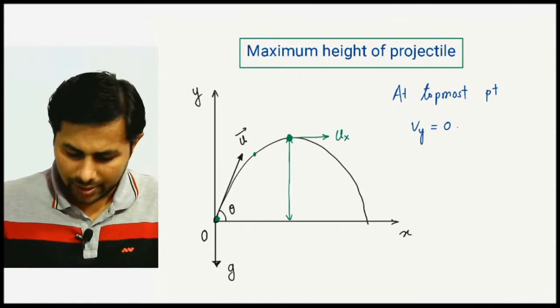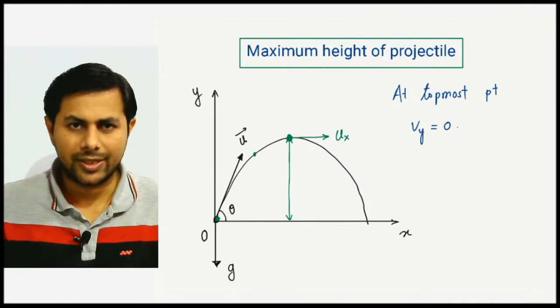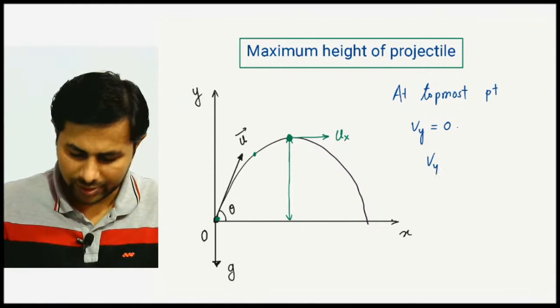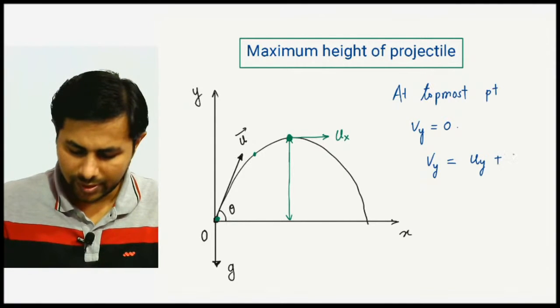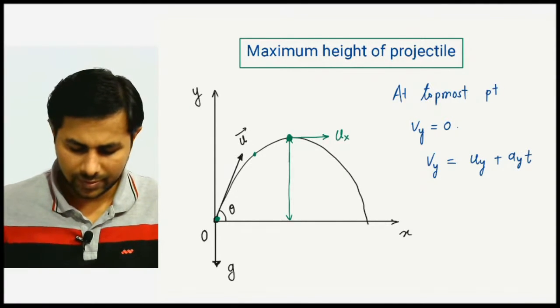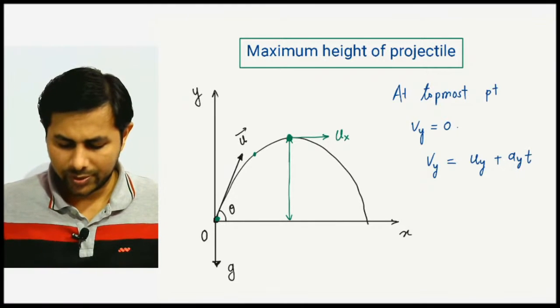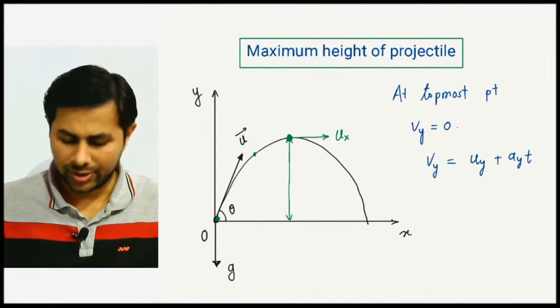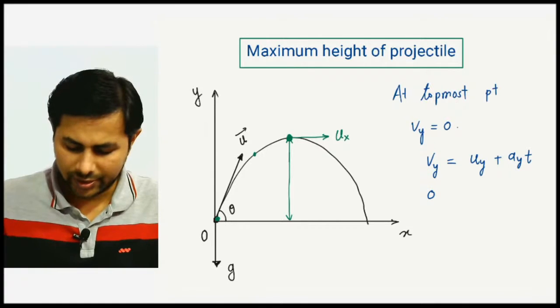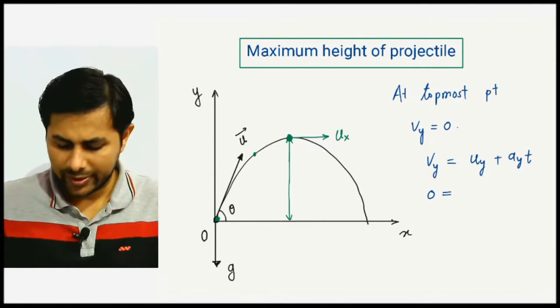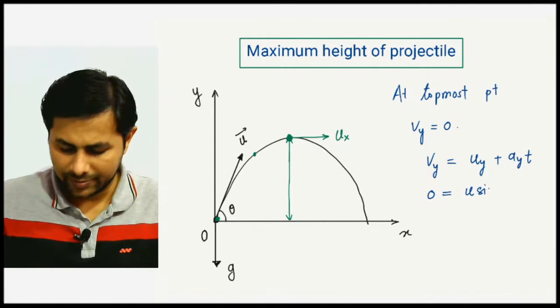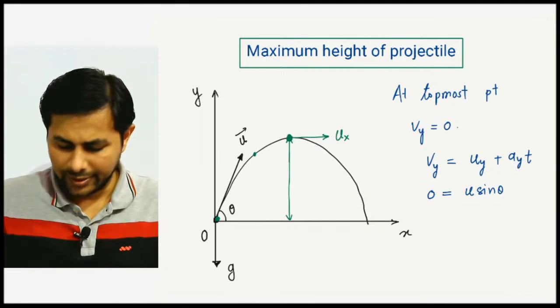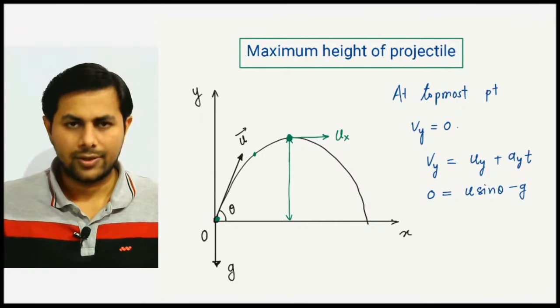So if we write the first kinematic equation of motion, it is Vy equals Uy plus Ay into t. If we substitute Vy and Ay into this equation, Vy is 0, Uy we know is u sin theta, and Ay is minus g.